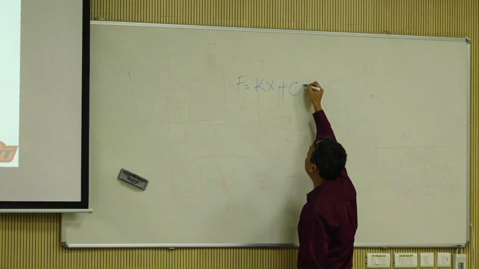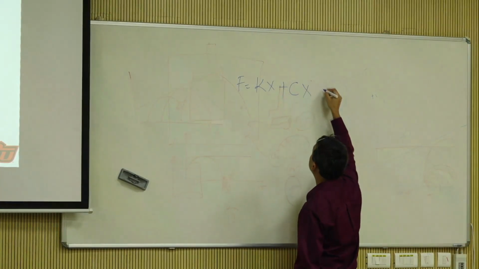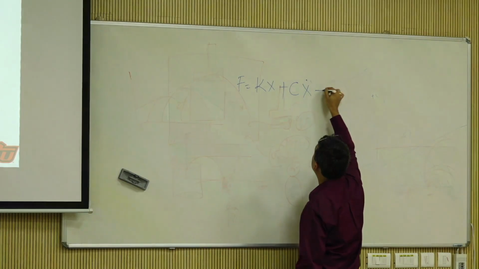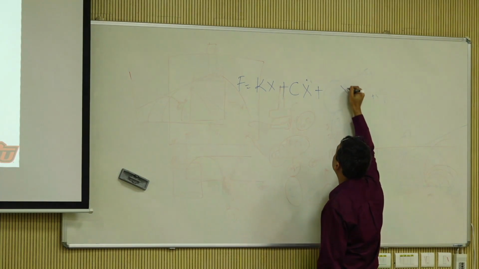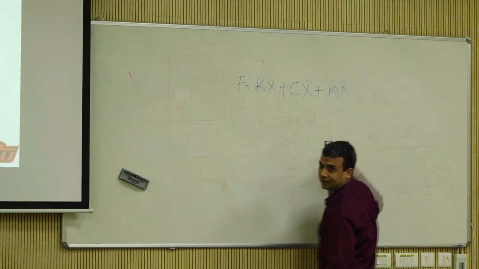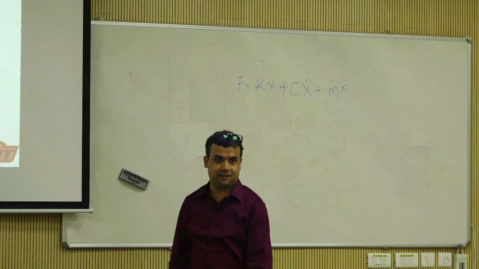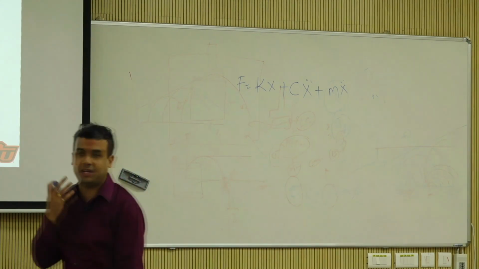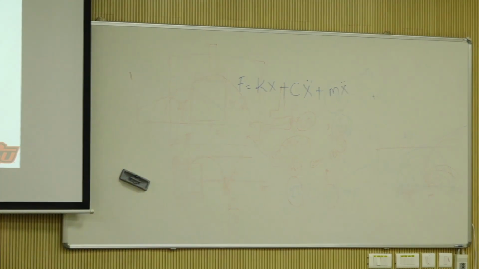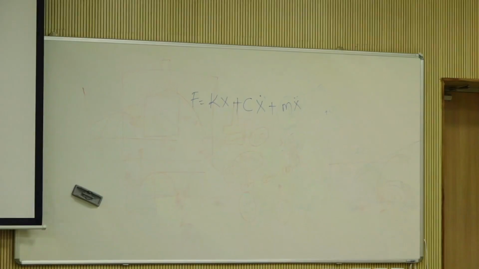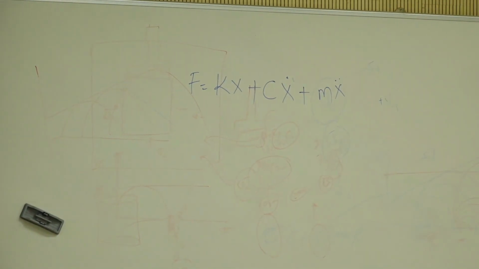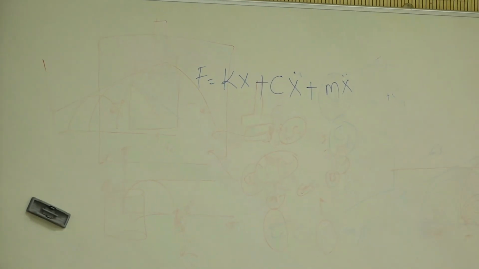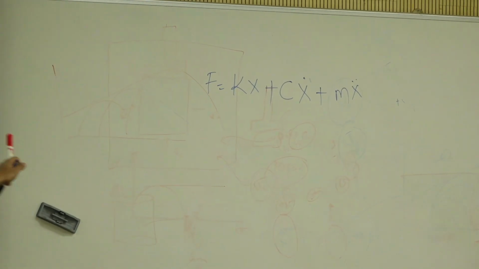C X dot, plus, right, the spring constant times the deformation term, the damping factor multiplied by the velocity, the rate dependent term, and then the inertia term. This is a truly dynamic system.